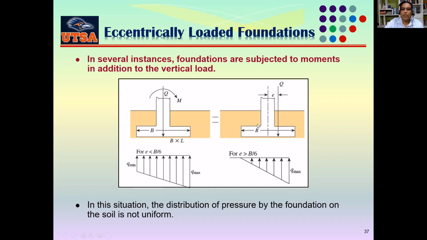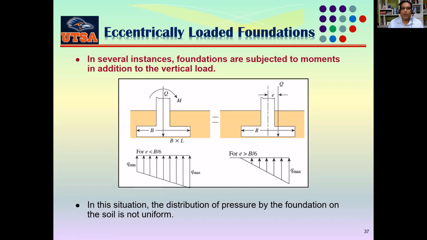From the mathematical calculation, you can see that when your E is equal to B by 6, then the pressure would be 0 at that corner and would be maximum on this side. It's just like you are sitting at the middle of a boat.